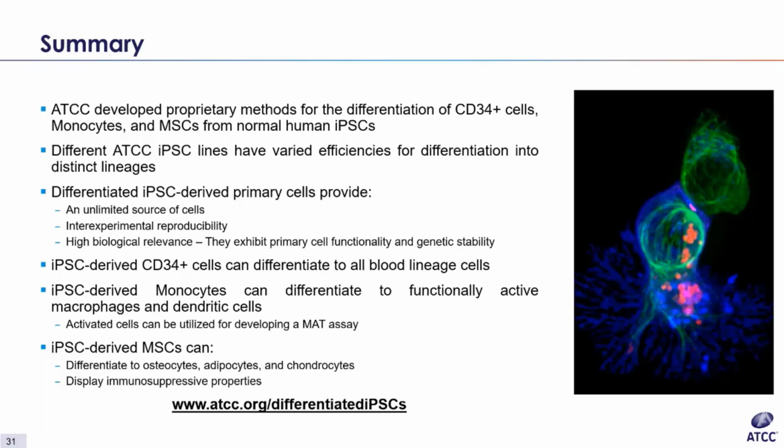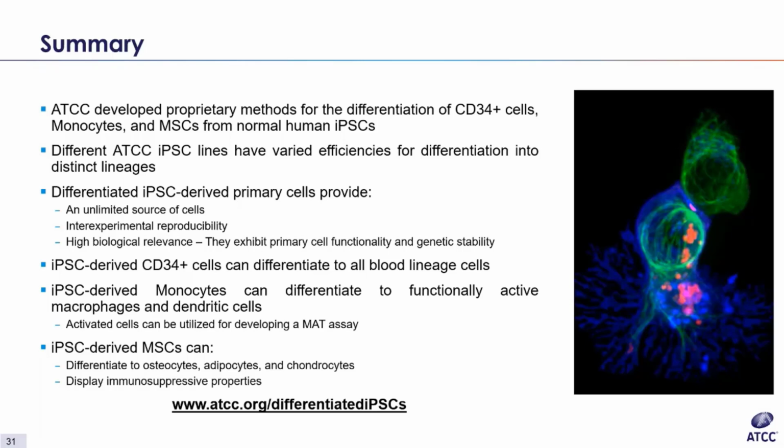Differentiated iPSC-derived primary cells can provide an unlimited source of cells for your cell-based assays, as well as interexperimental reproducibility and high biological relevance. They exhibit primary cell functionality and genetic stability. I also showed you that iPSC-derived CD34 positive cells can differentiate to all blood lineage cells.